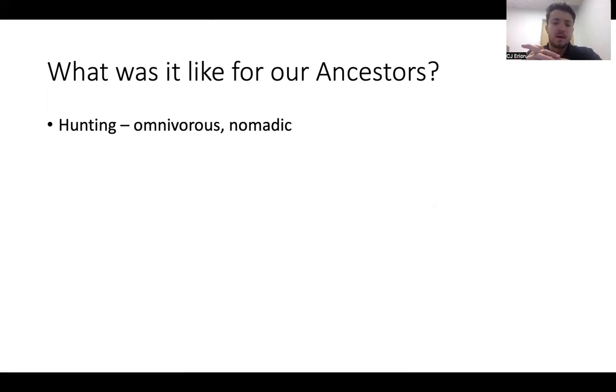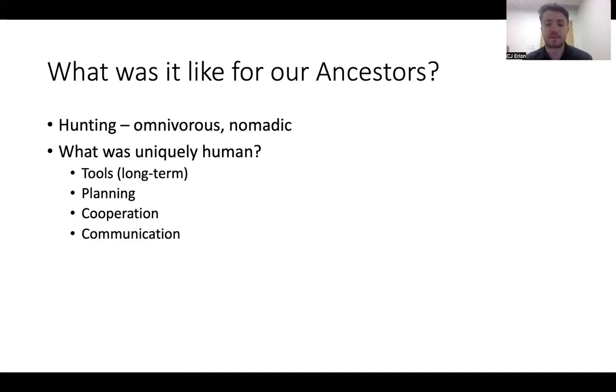I think we've always been more omnivorous, meaning we have to eat many different types of foods to be healthy, but we used to be more nomadic, which means moving around all the time, as opposed to now, when it's more typical to be settled in one area for longer periods of time. So we've evolved in that way.